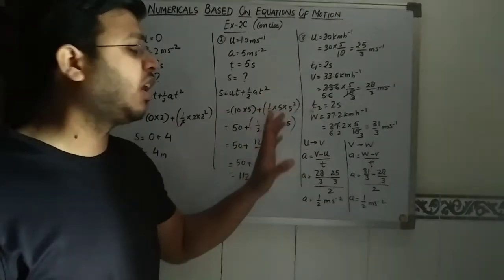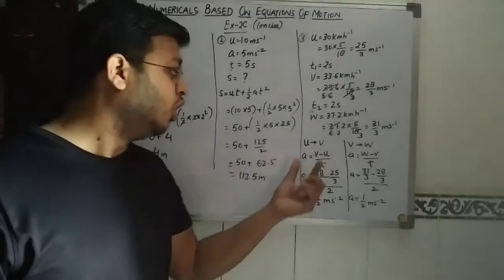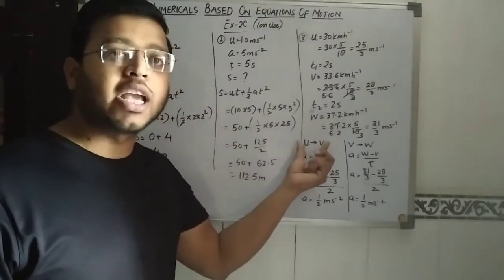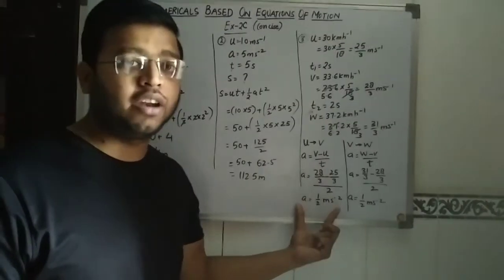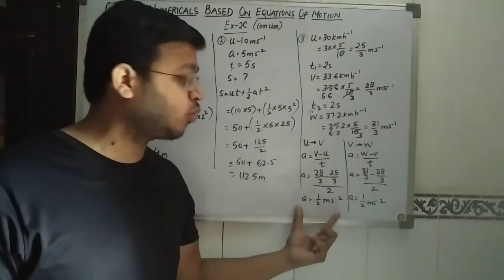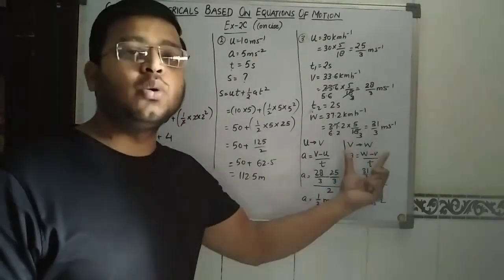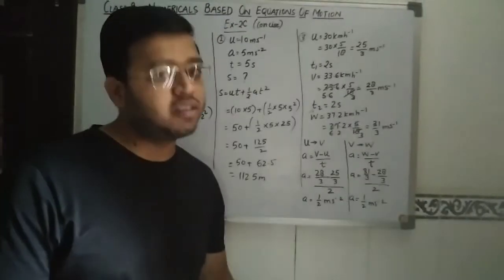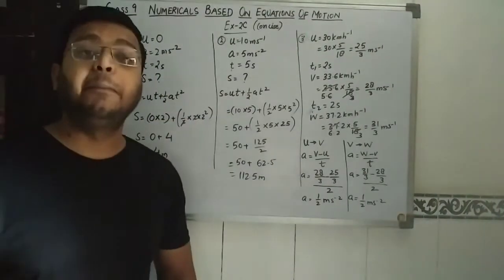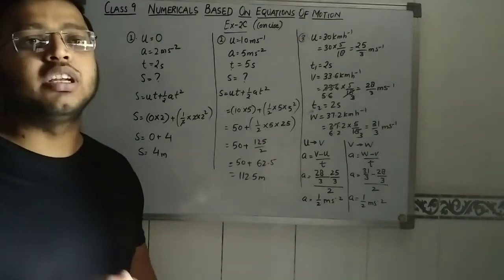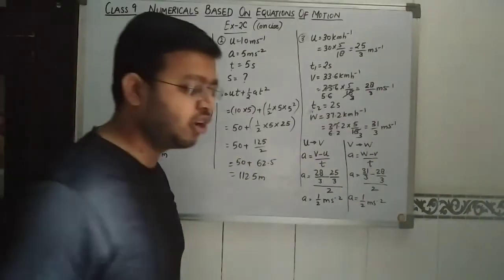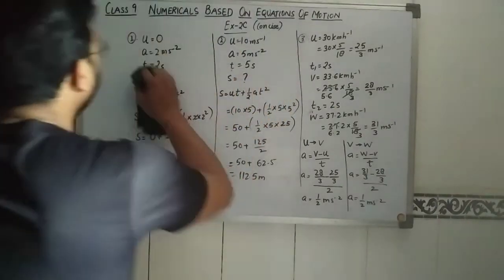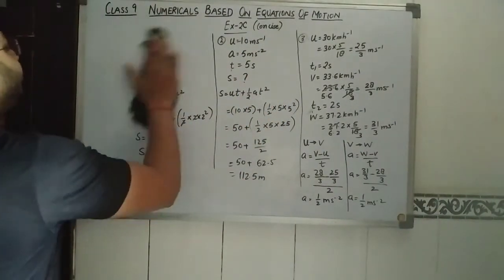So these 2 time intervals help us find the acceleration. For u to v, we solved this calculation and found the acceleration 1 by 2, meaning half meter per second square. Again, for v to w, the acceleration is half meter per second square. Because in both cases the acceleration is the same, we can say that in this numerical the acceleration is uniform. So this is how we can solve question number 3.